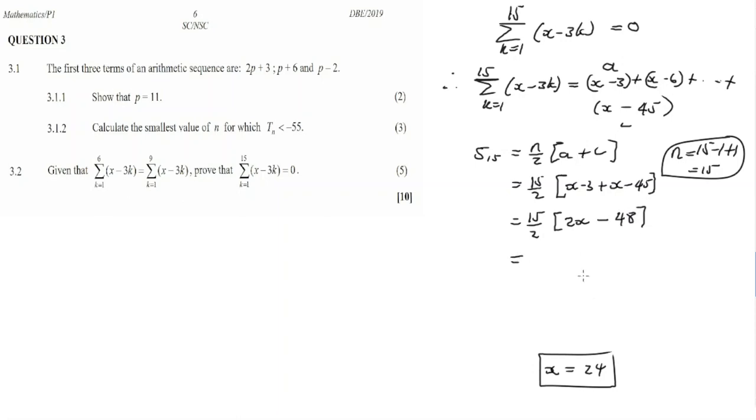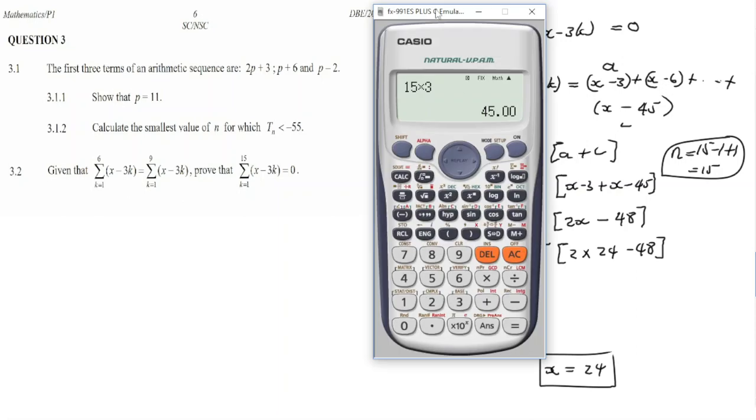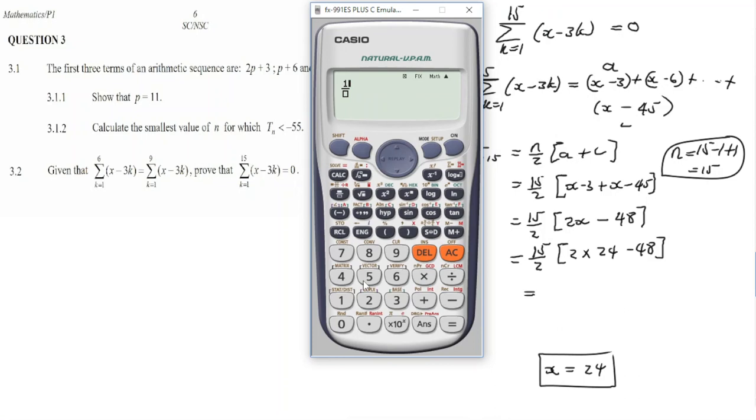equal to minus 48. Now that I've calculated the x value, I can substitute lana. You have 15 divided by 2 times x with 24 minus 48, equal to 15 divided by 2 times in bracket 2 times 24 minus 48 close bracket is equal to 0.